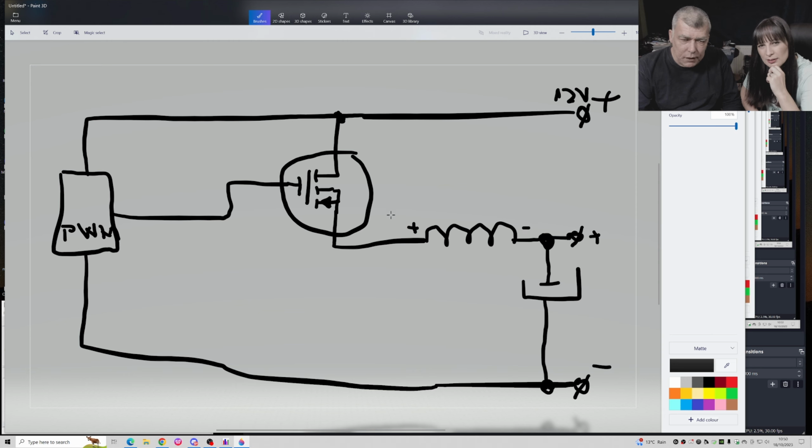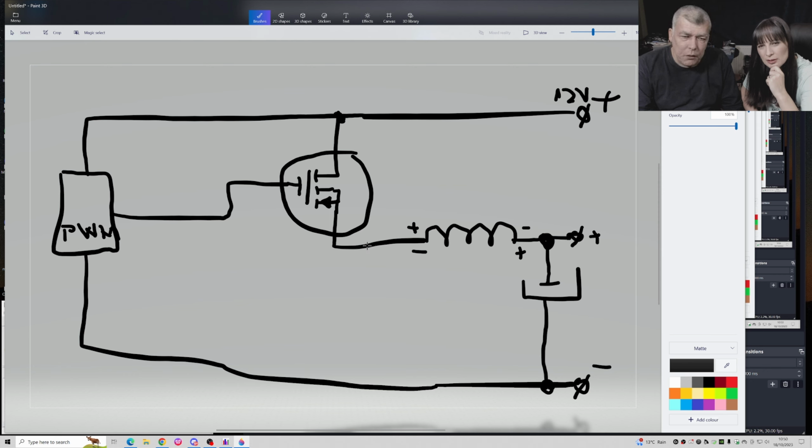Then when the duty cycle is off, it will be minus and plus. This is kind of dangerous because you get negative voltage on the MOSFET. So basically your coil will bounce back.